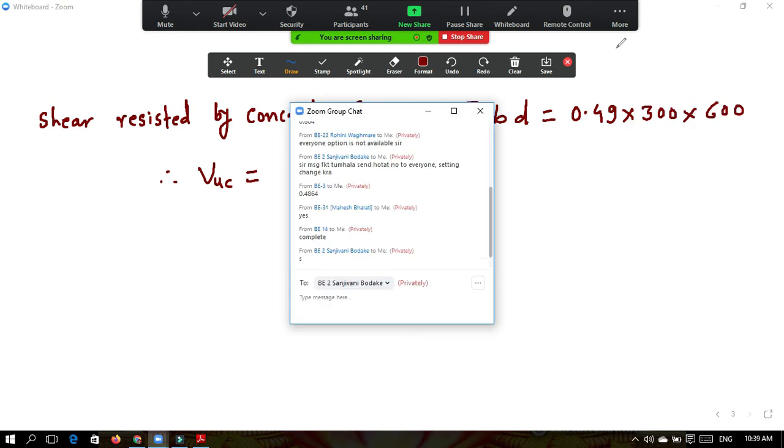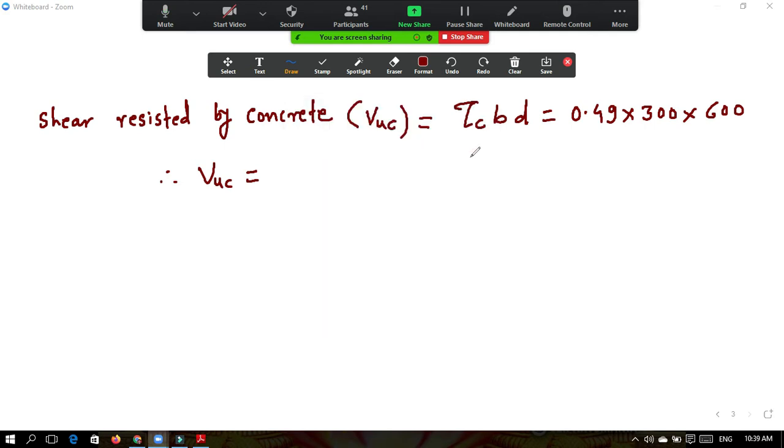It is 88,200. Okay, so it is 88,200. So I will write here 88.2 into 10 raised to 3 Newton, or we can say it is 88.2 kilonewton.